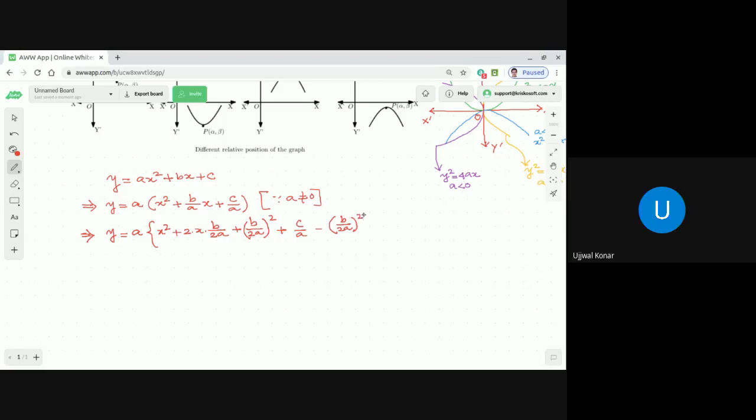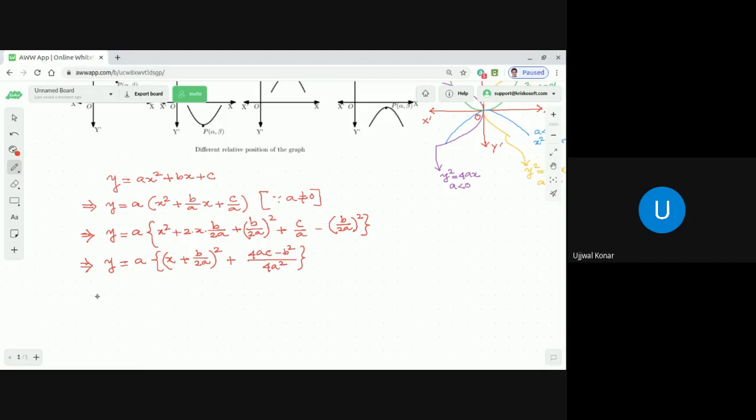I hope all of you are aware why I am doing so, as we have discussed all these things earlier. So it is (x plus b by 2a) whole square, the first three terms, plus what we are getting, dear students, is actually (4ac minus b square) divided by 4a square.